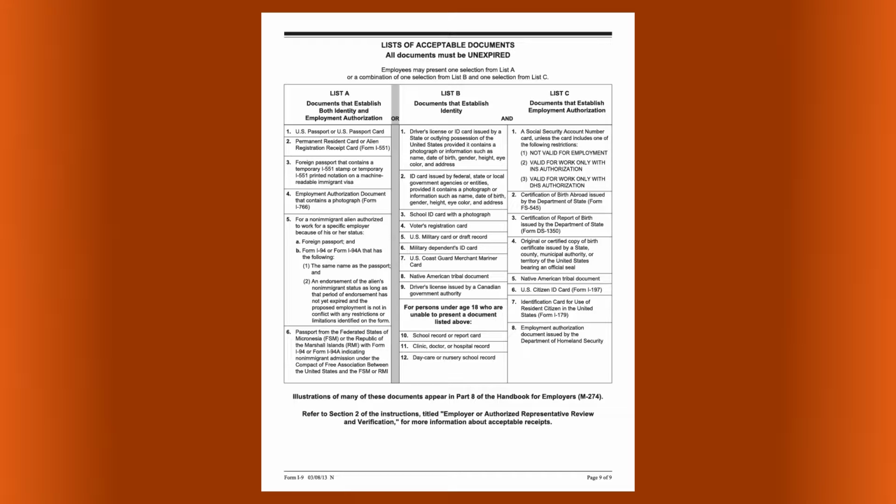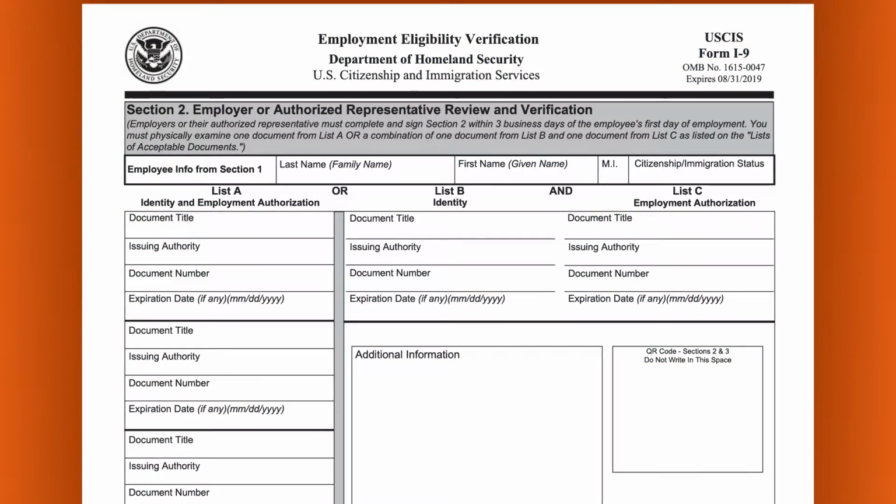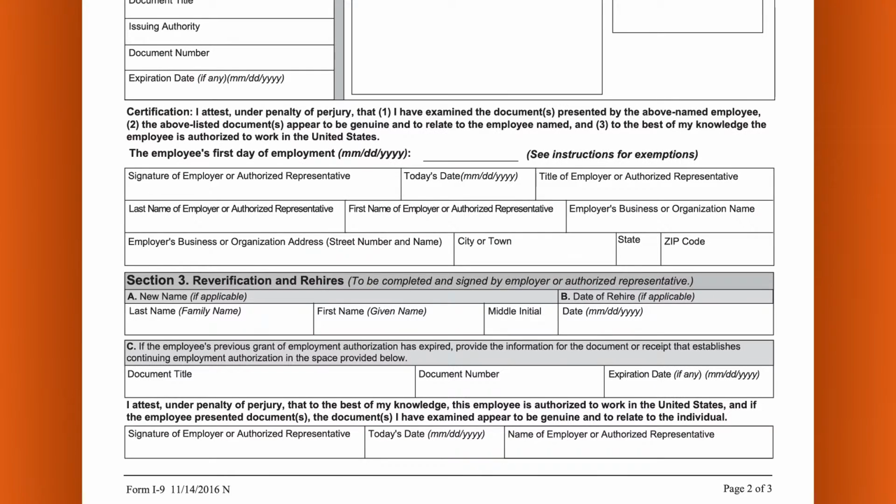Once you have these documents, transfer the information to page 2 in section 2. The certification section, as well as the re-verification sections below, will be filled out by an ACRA representative. Applicants should leave this blank.